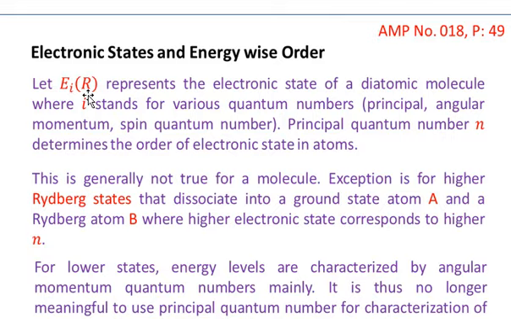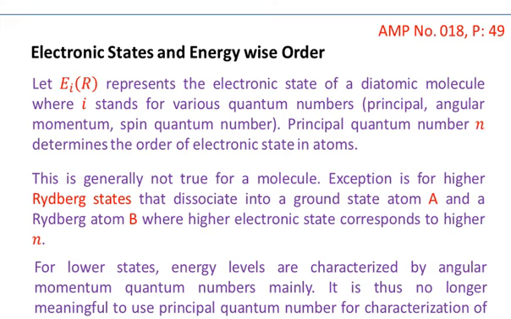Let E_i(R) represent the electronic state of a diatomic molecule, where i stands for various quantum numbers, for example, principal quantum number, angular momentum quantum number, spin quantum number, etc. The principal quantum number n, which we usually talk about in atomic physics, determines the order of electronic states in individual atoms. In an individual atom, a higher value of principal quantum number n means an electronic state with a higher energy.